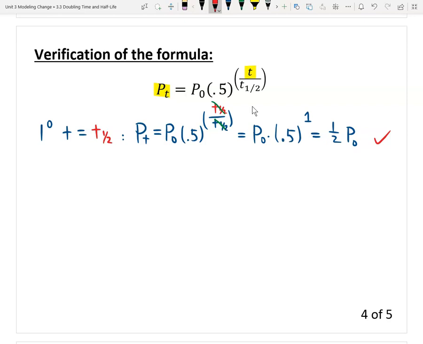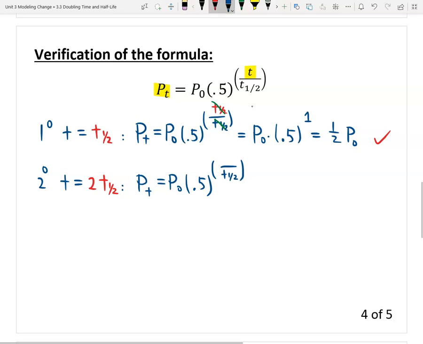That's good. Now we verify the second time point, which is T equals 2 times T 1/2. What is the value of P of T? So we plug in P0 times 0.5 raised to now. The denominators are the same. What is the numerator T?